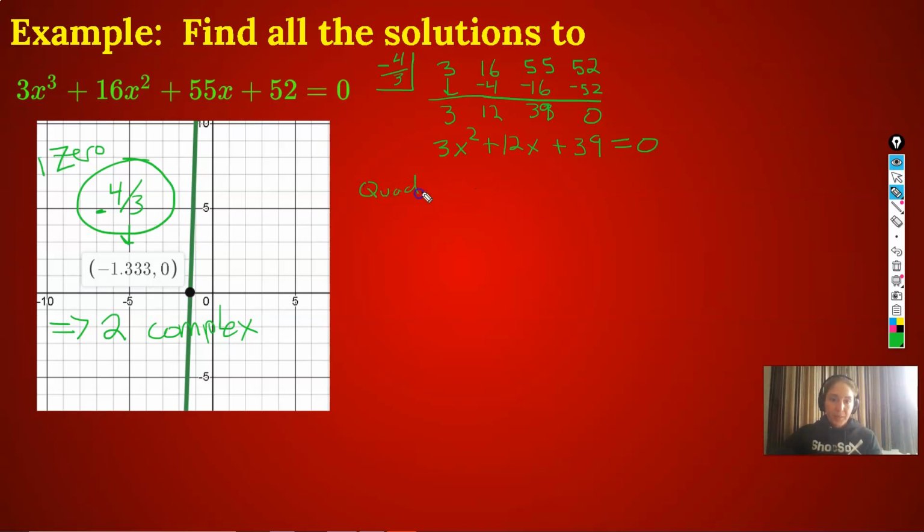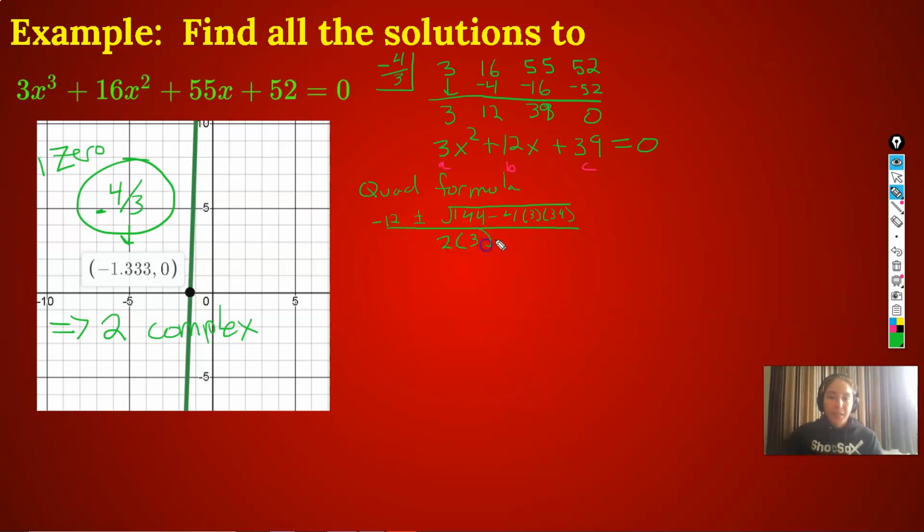So now I'm going to do the quadratic formula. Remember, there's our A piece, our B piece, our C piece. So negative b plus or minus the square root of b squared, which is 144, minus 4 times a times c, and 2 times a on the bottom. I'm going to have to get a calculator out because these numbers are getting a little big, and mental math for big numbers is honestly not my strong suit.